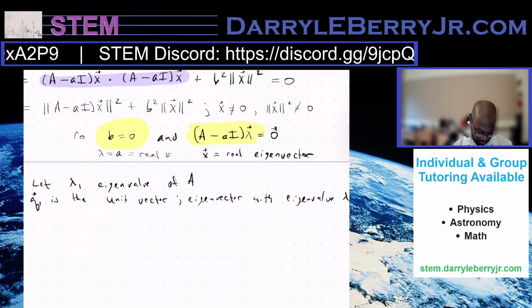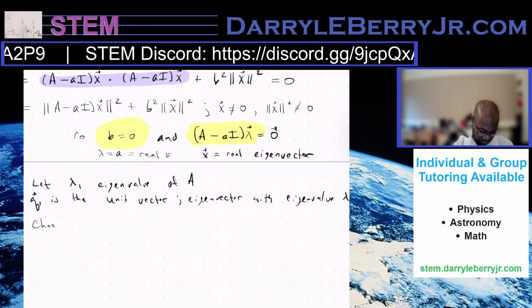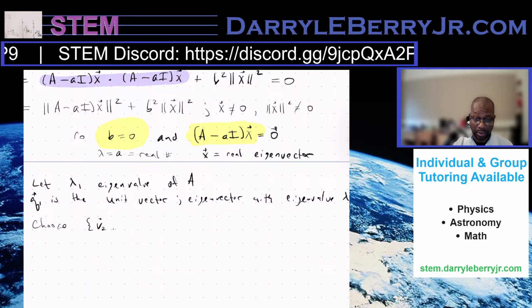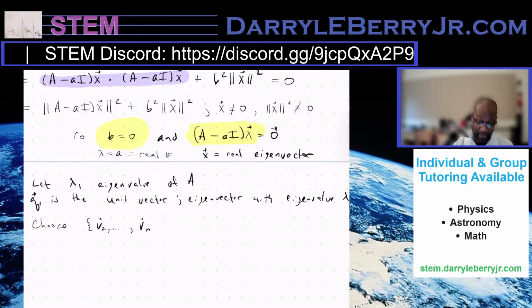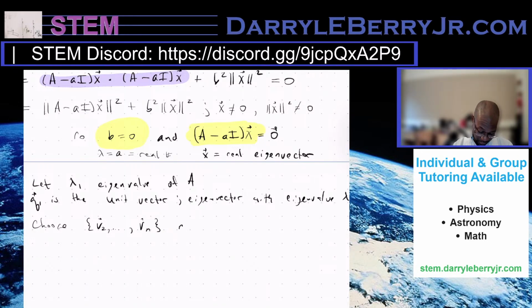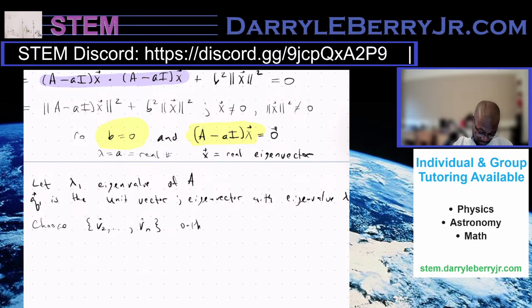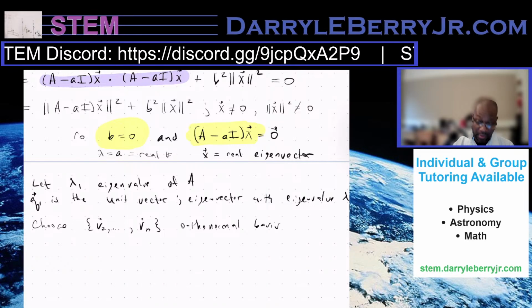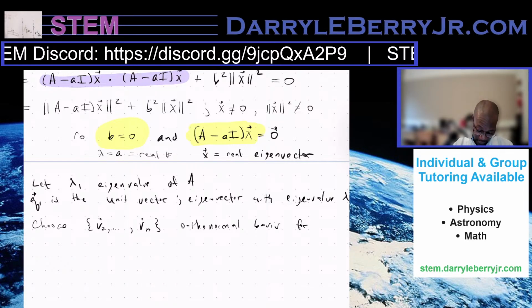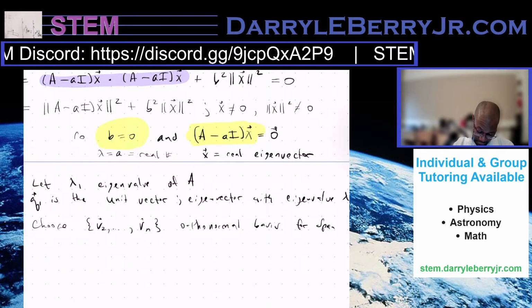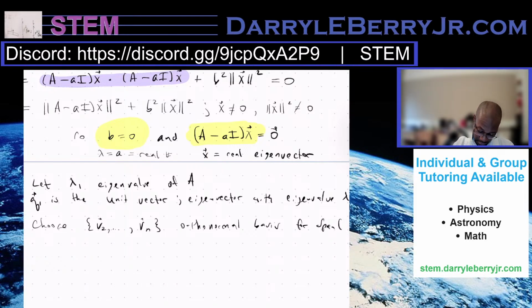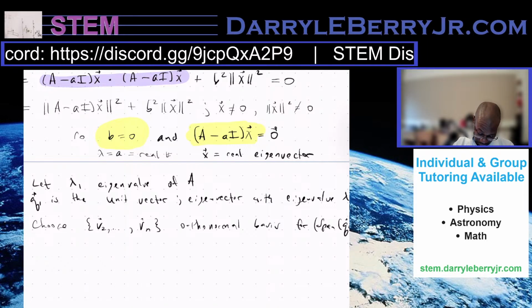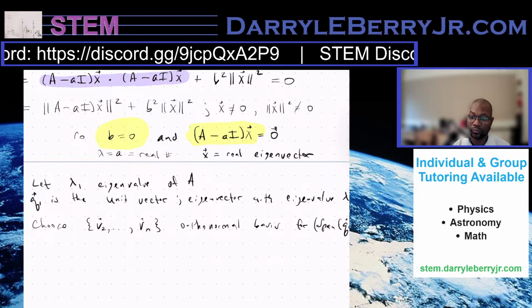And we'll choose V2 all the way to Vn to be an orthonormal basis for span Q1 perpendicular.